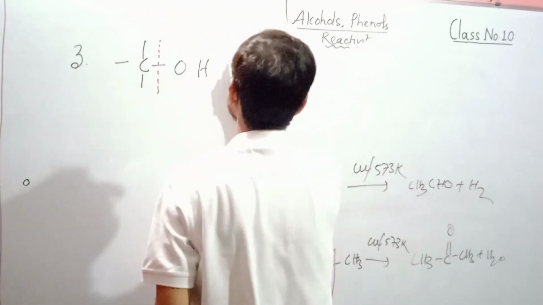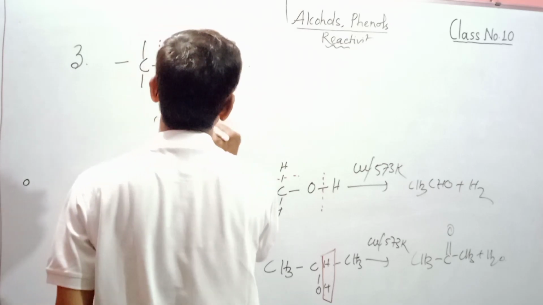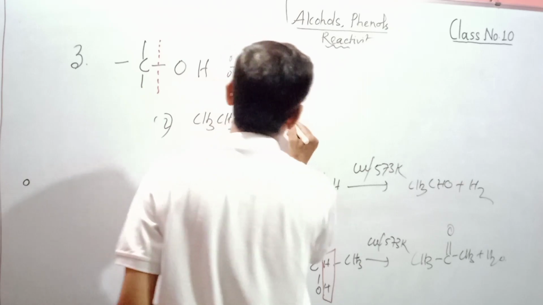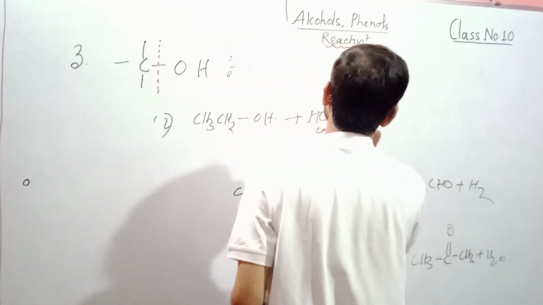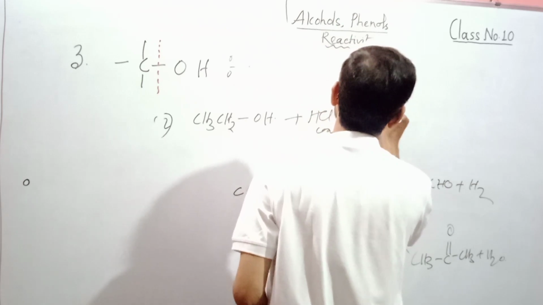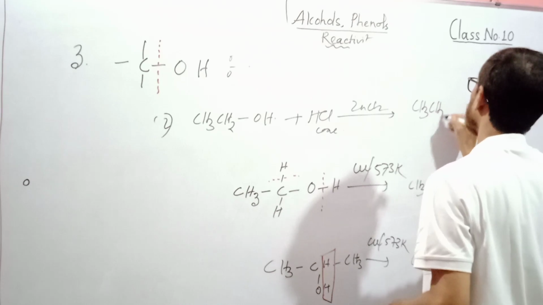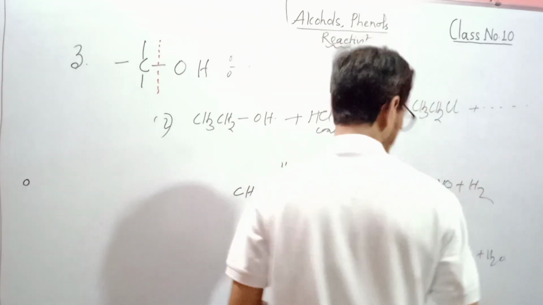Important type of reactions, CO bond breaking. Number 1 is CH3CH2OH with HCl and concentrated ZnCl2, giving CH3CH2Cl plus so on.